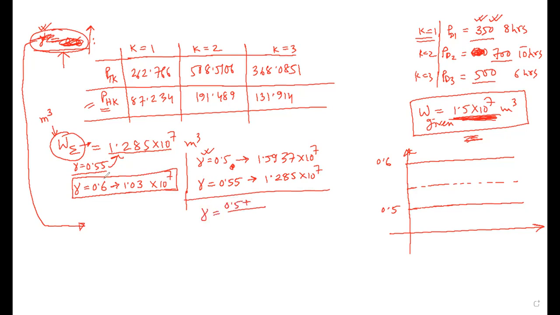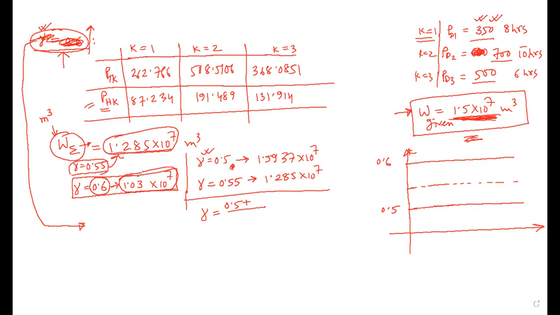So that means with gamma 0.6 we got much lesser consumption. With this updated gamma, the average of 0.6 and 0.5, which became 0.55, whatever water consumption was there is closer to my given W.